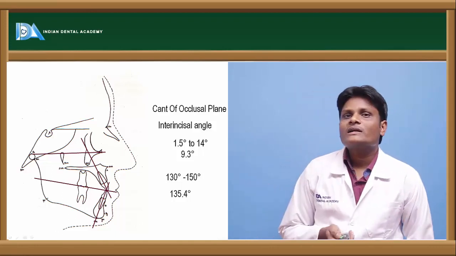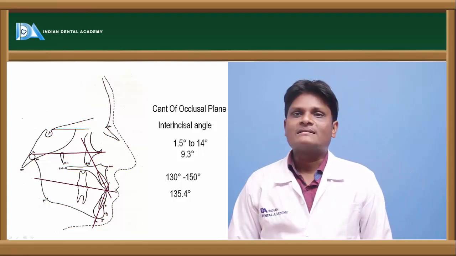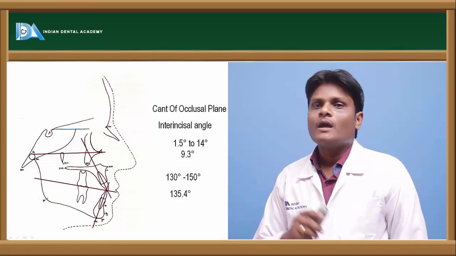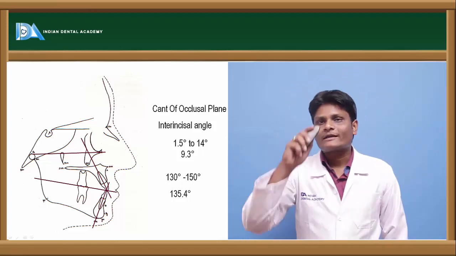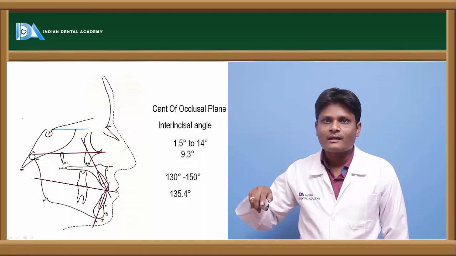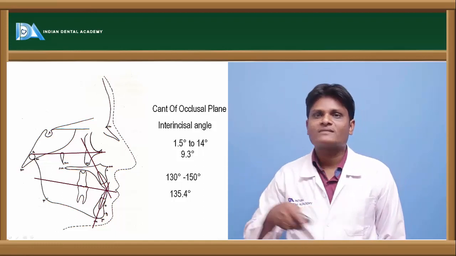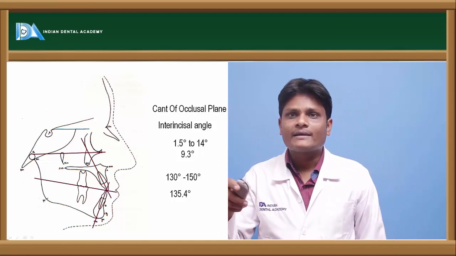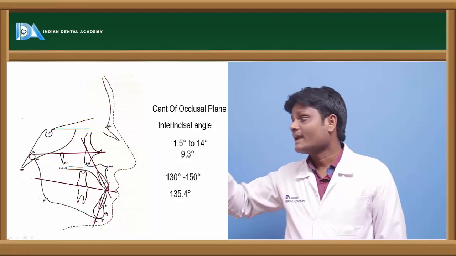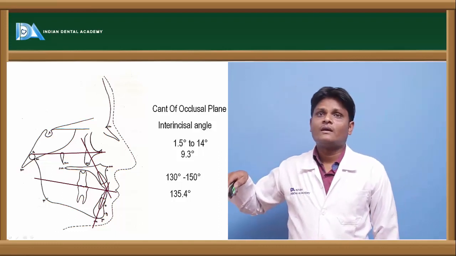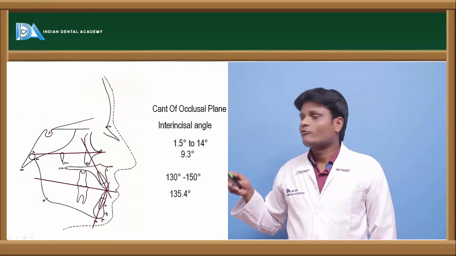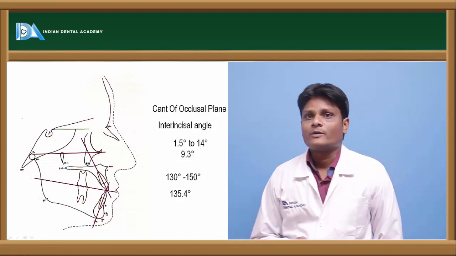The next important dental parameter of the Downs analysis is the interincisal angle. We draw a line along the long axis of the maxillary central incisor and a line along the long axis of the mandibular central incisor, and we find the inner angle between those two incisors. An angle of 135.4 degrees is taken as the average value.